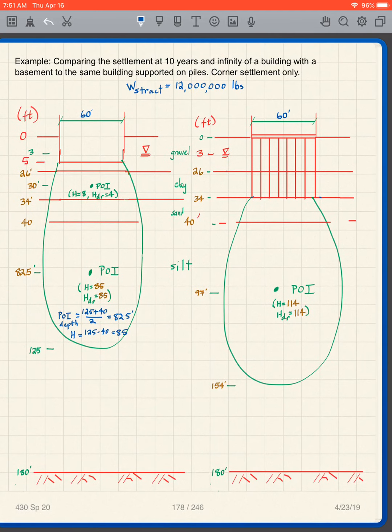And what do we see? It's single drainage, so the HDR is 85. It's equal to the H.